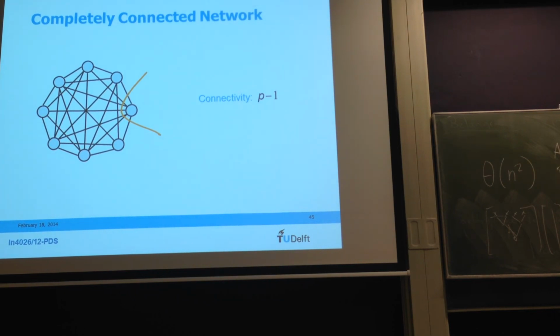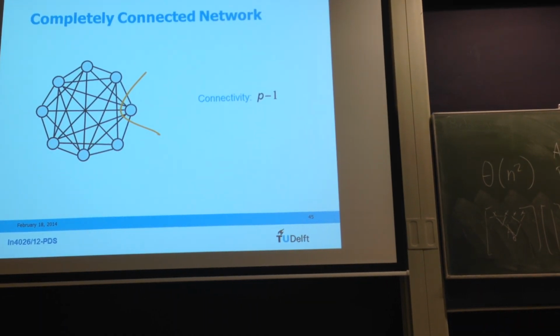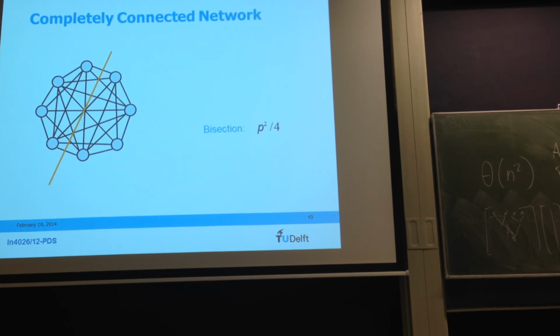P squared divided by 4. So the divided by 4 was okay, but then it's for every processor, so this is P squared divided by 4.